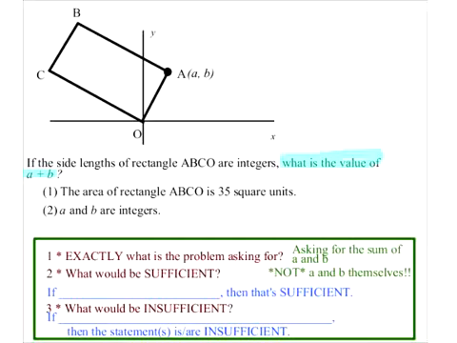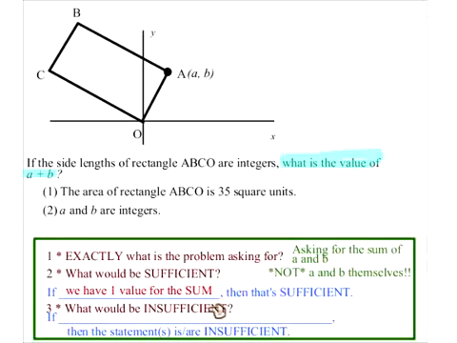What you need to be able to say right now before you move on is if we have one value for the sum, then that's sufficient. Like an A plus B has to be some number. Okay, smiley face if that makes sense. If there's one number for A plus B, then that's sufficient.